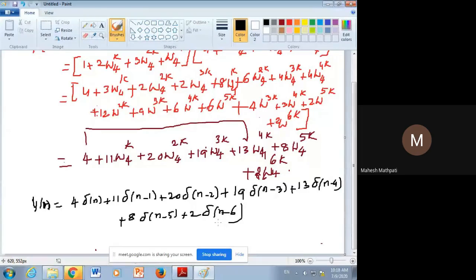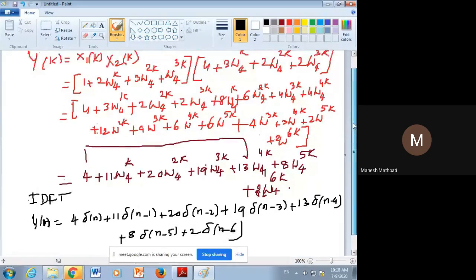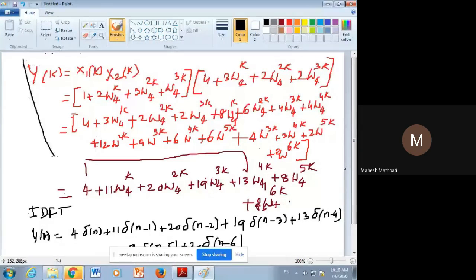Is this understood? Any difficulty here? This is the IDFT. Now if I write down the coefficients of this, can I delete the above part?